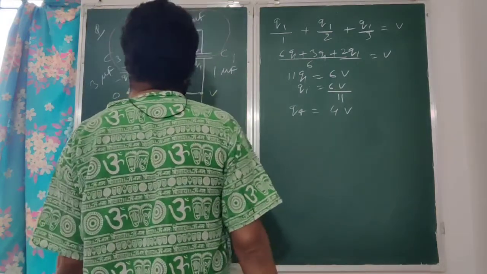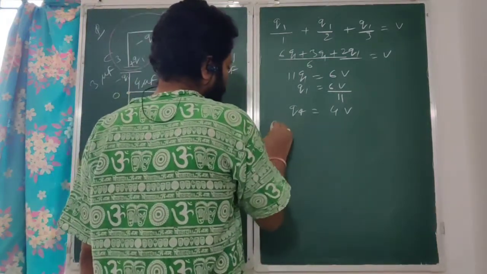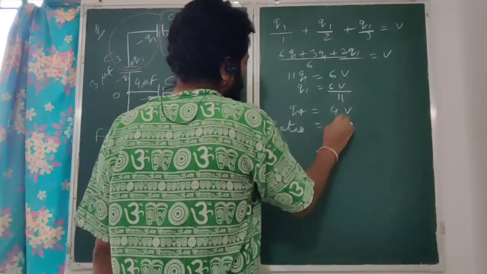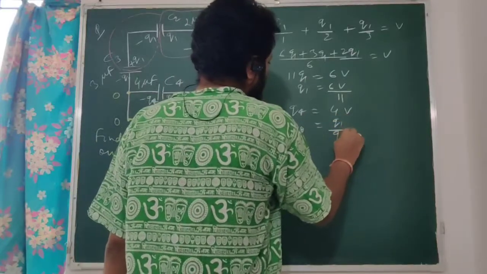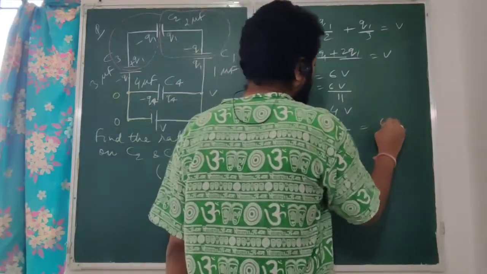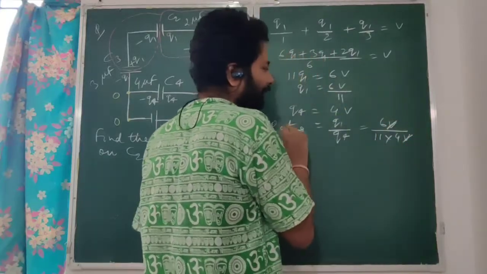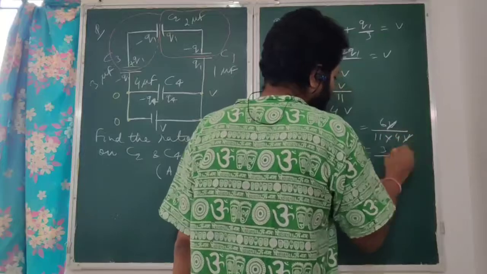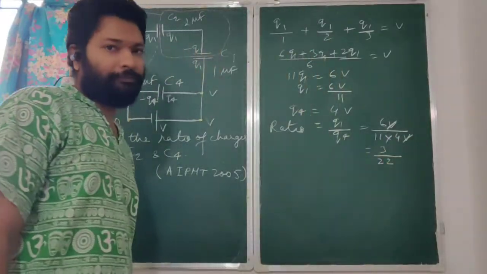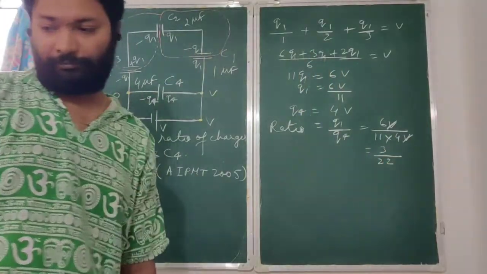So it will be Q1 by Q4. So how much will this be? 6V by 11 into 4V. V and V will get cancelled. So it will be 3 by 22. That will be the answer.